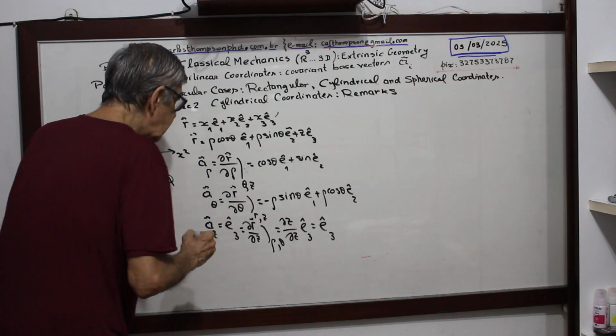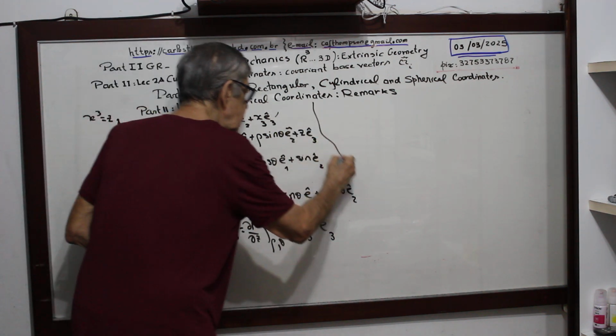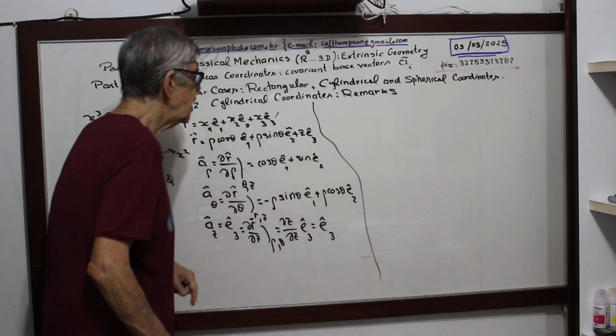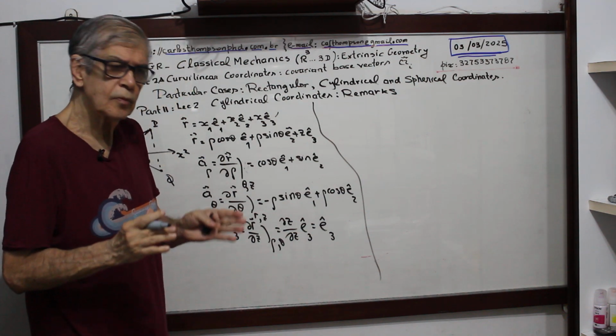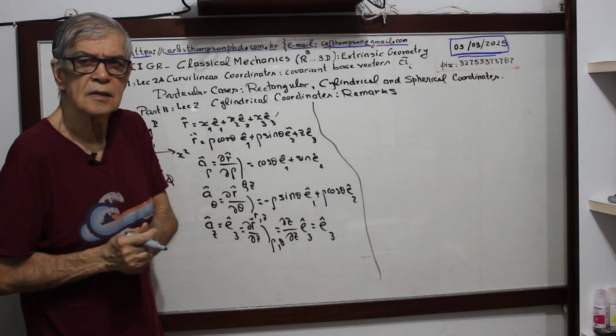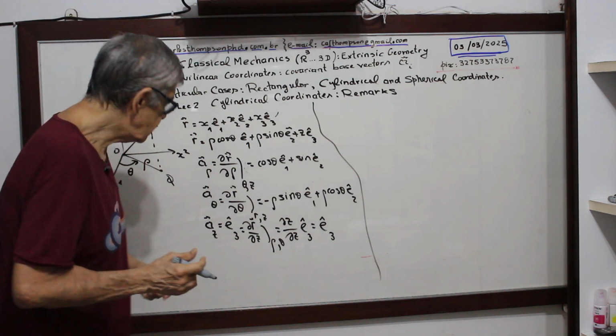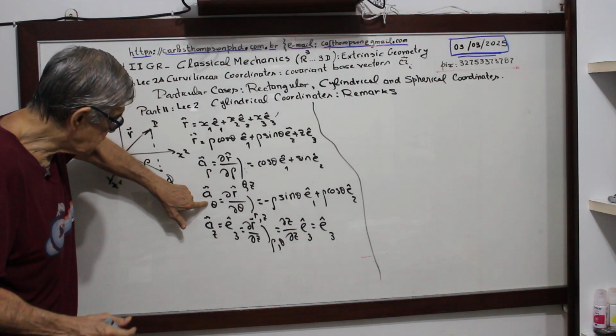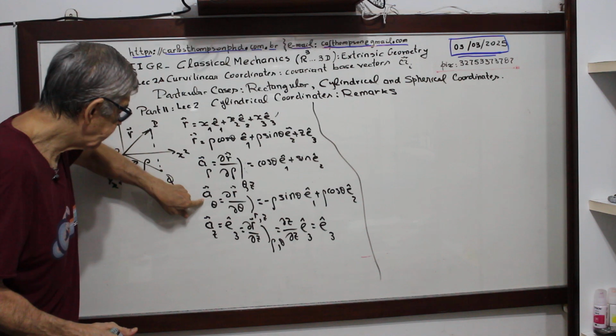Now, you remember, if I want an orthonormal basis using cylindrical coordinates, I just divide this by rho, you see?